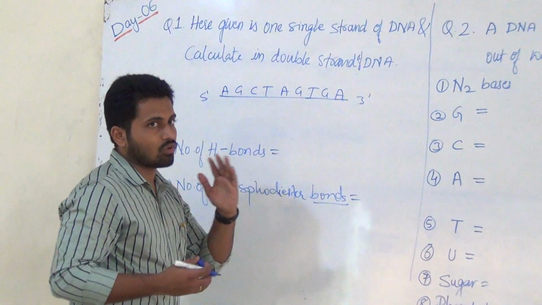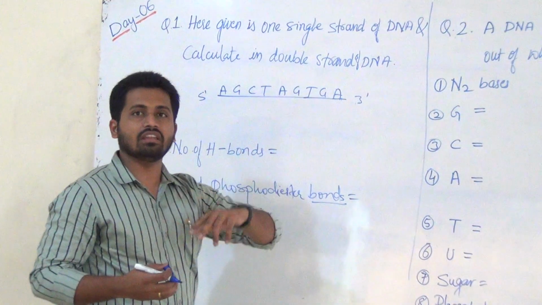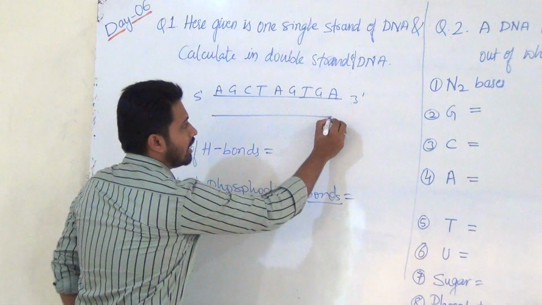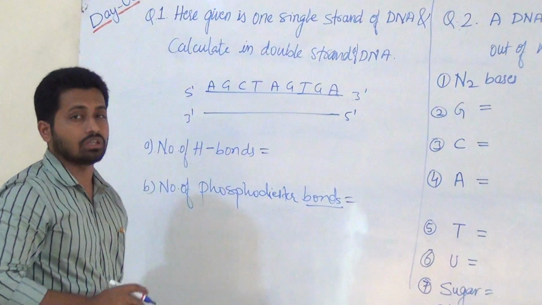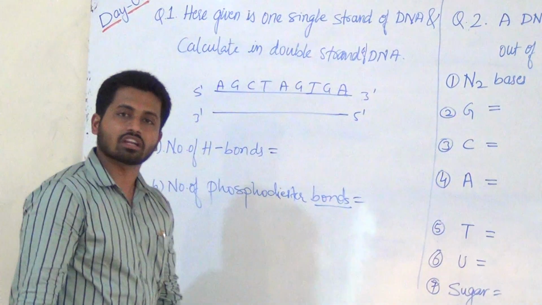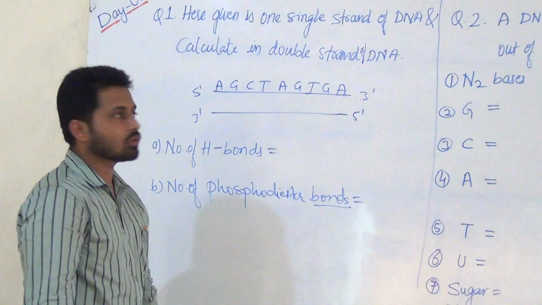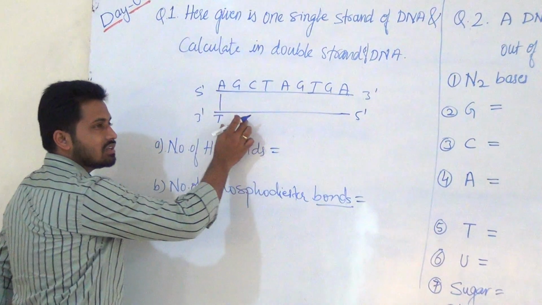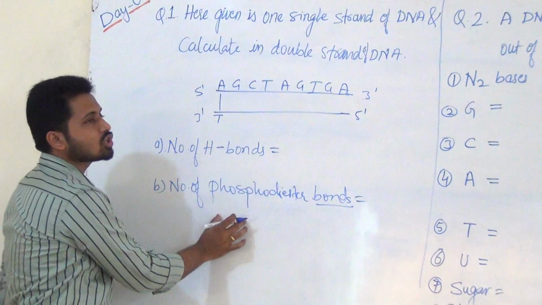Okay. First, to calculate for the double stranded DNA, we have to make it double stranded. And now you know the rule of complementarity. According to Chargaff's rule, adenine pairs with thymine, that is, purine pairs with pyrimidine. First form this second strand of DNA, and only then can we solve these questions.